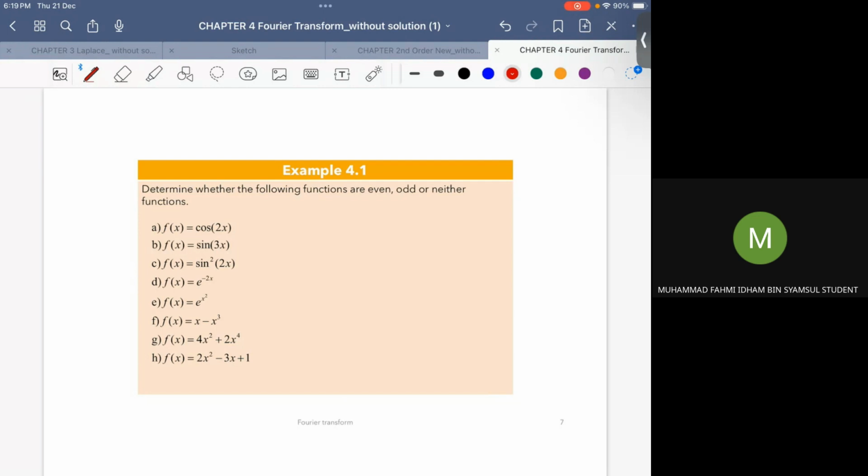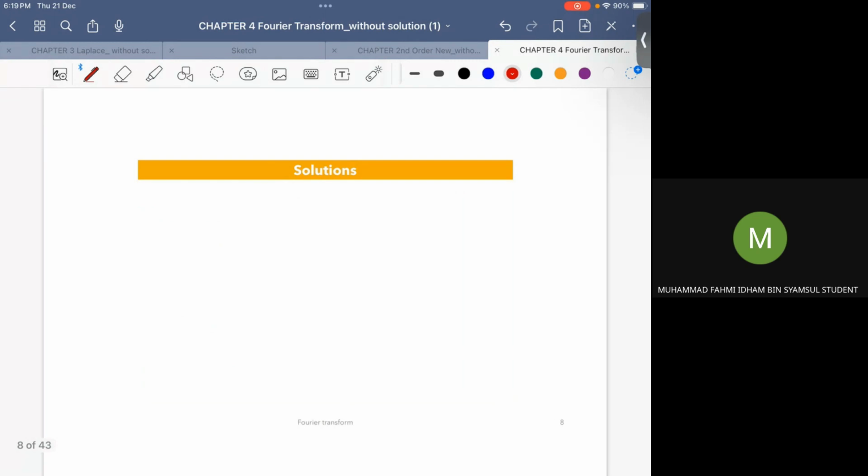The first one is cos 2x. Let f(x) equal cos 2x.